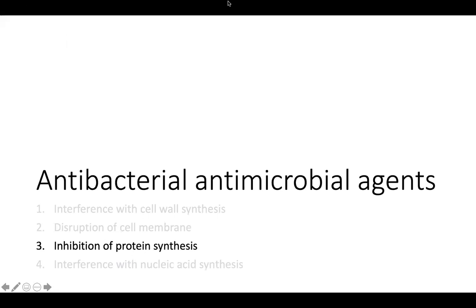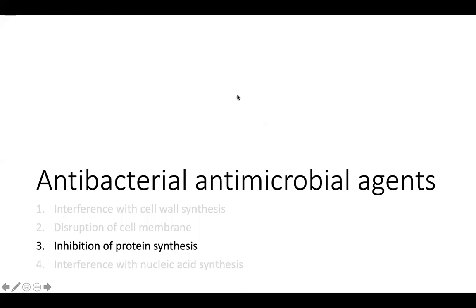So again, protein synthesis occurs in the ribosomes. The bacterial ribosome, what's the sedimentation coefficient of the bacterial ribosome? And so you have 70S with 2 subunits.